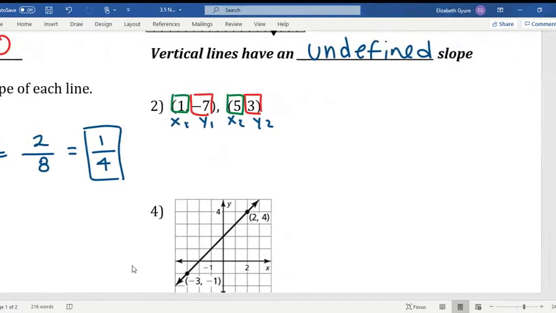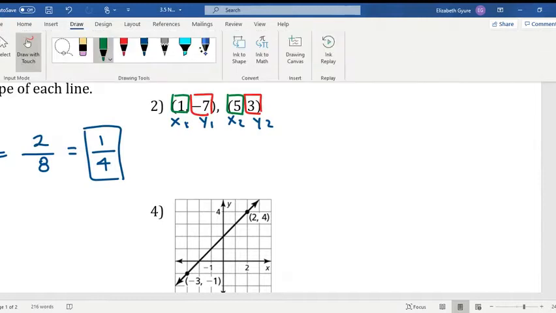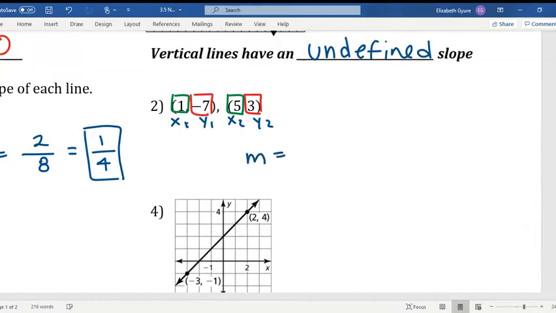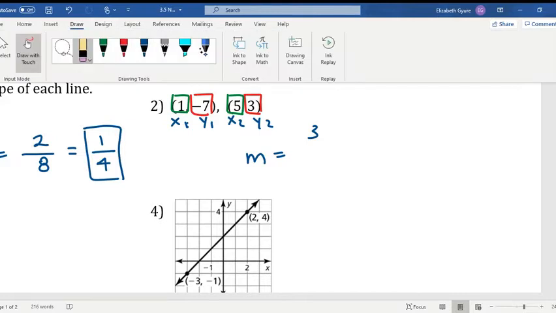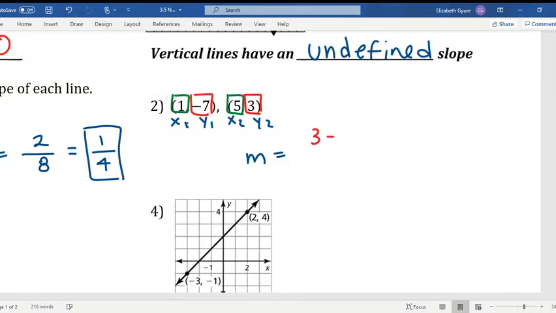All right. So now let's plug this into our formula. On the top, we need to subtract our y's, right? So y2 minus y1. Brooklyn, what's my y2 value? 3. Then put your subtraction sign. Forgot about my color coding. So 3, then put a subtraction sign, and then Asia, what's your y1 number? -7.